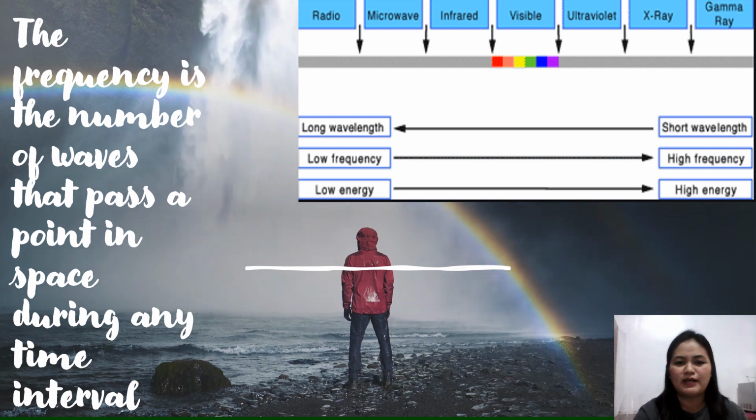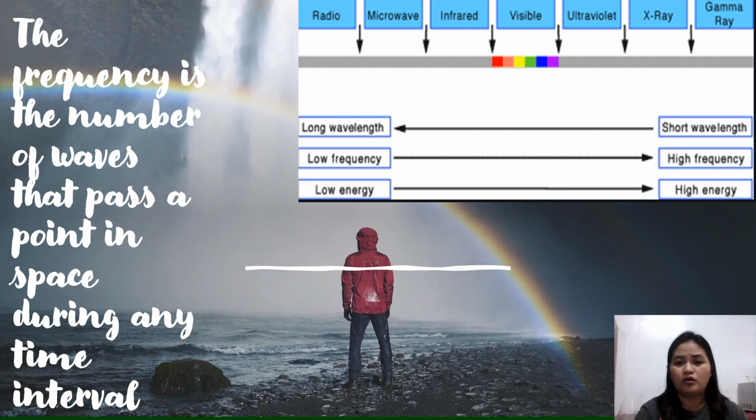Yung frequency naman, from red to violet, the frequency is increasing. Syempre kasi dito sa may red area, mahaba yung wavelength. Kaya unti lang yung makakadaan na waves.